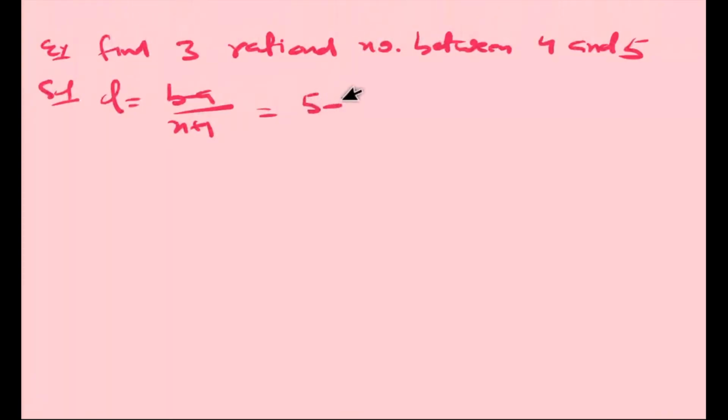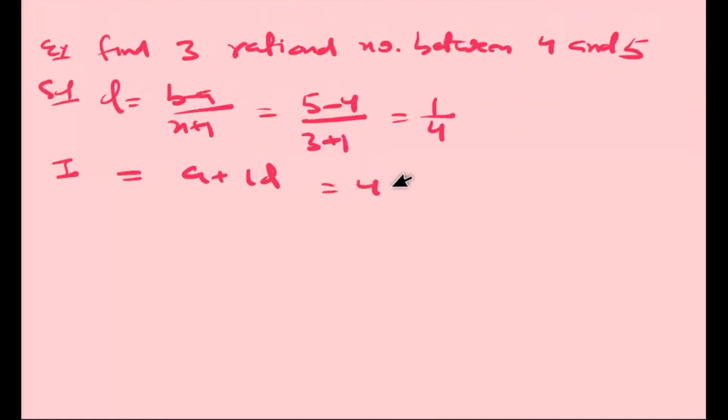So 5 minus 4 upon 3 plus 1, that is 1 upon 4. Now the first rational number is a plus 1d, that is 4 plus 1 into 1 by 4, that is 17 upon 4.